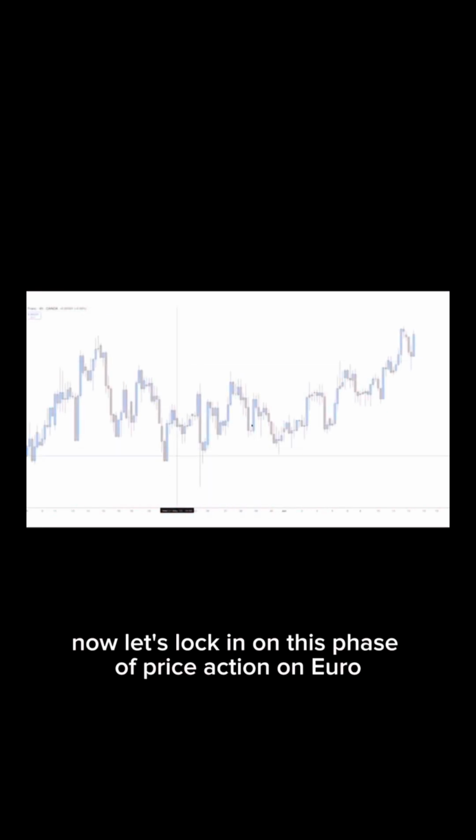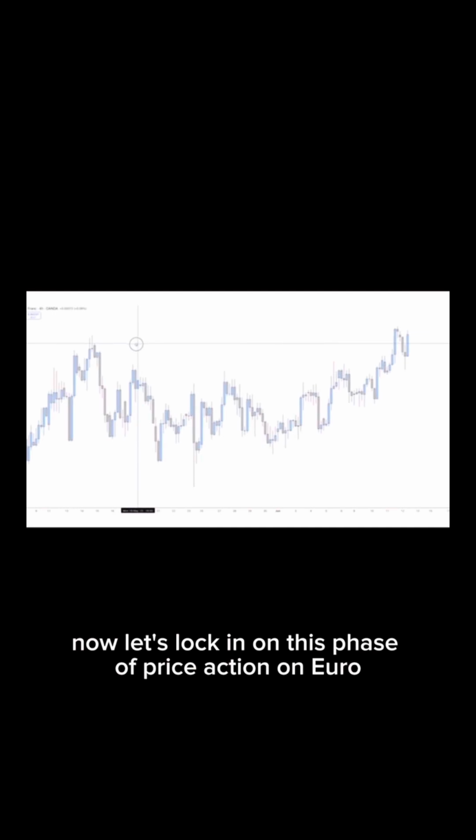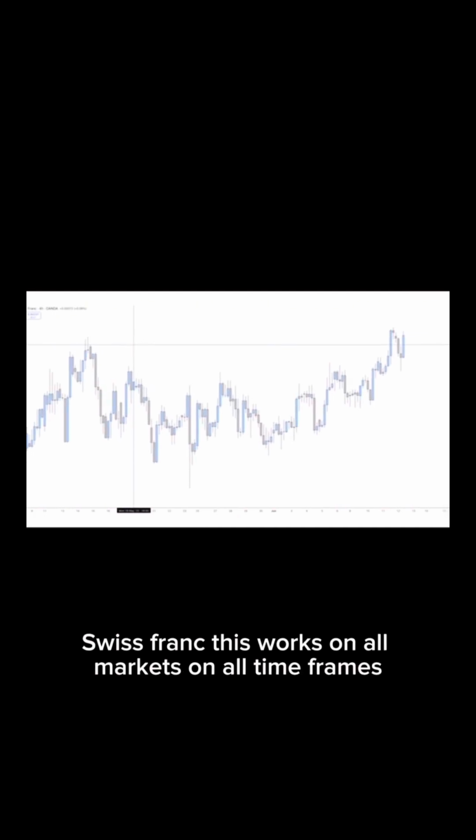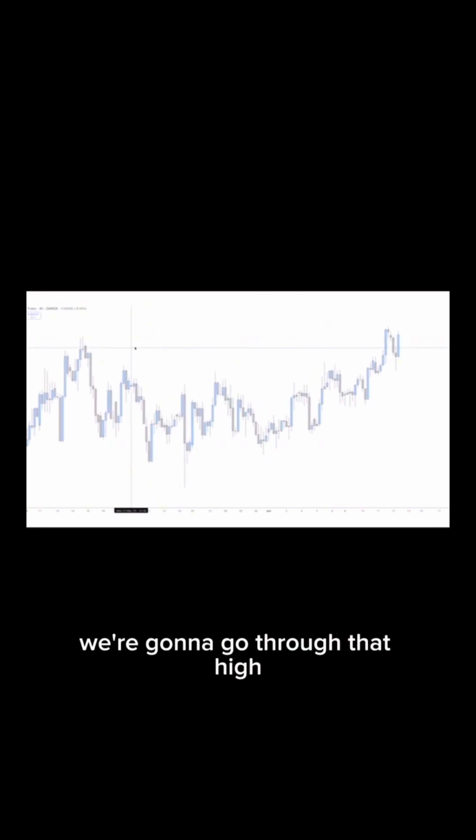Now let's lock in on this phase of price action on Euro Swiss France. This works on all markets, on all time frames. We are going to go through that high-low structure and mark out this trend.